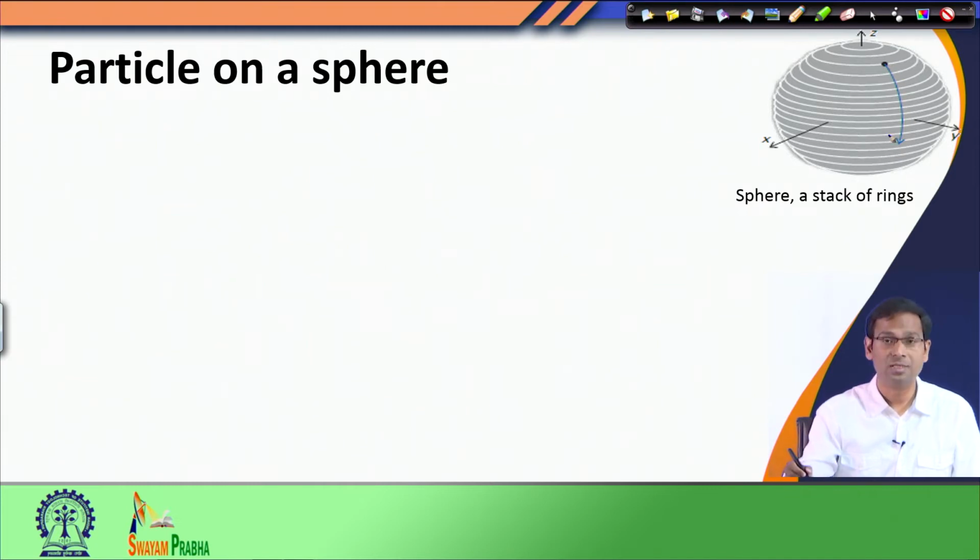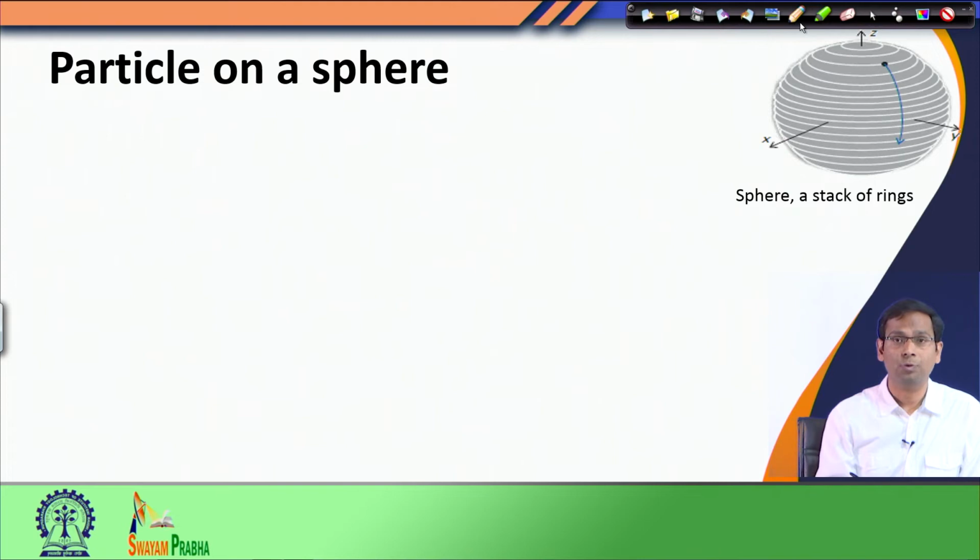That means, in this case, we have all three Cartesian axes x, y and z operational or active. So, now we would try to find the quantum mechanical solution of a particle of mass m, which is moving on a sphere of radius r.